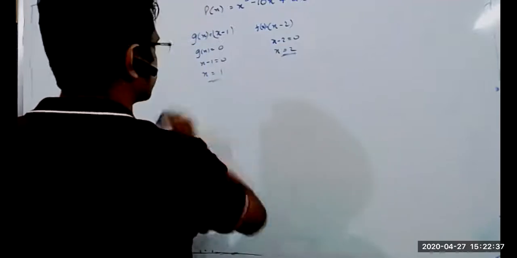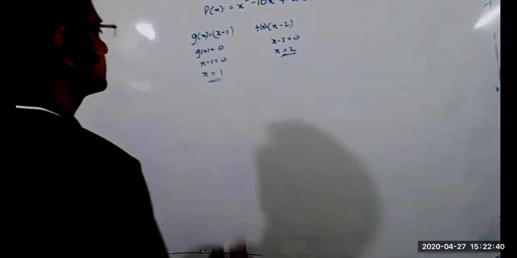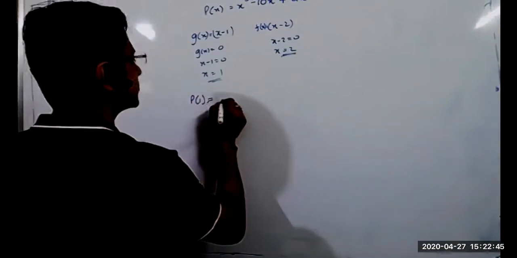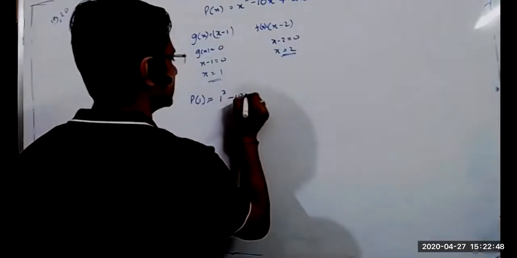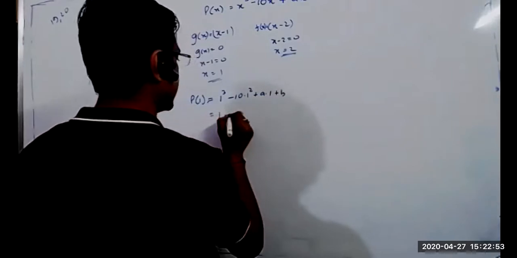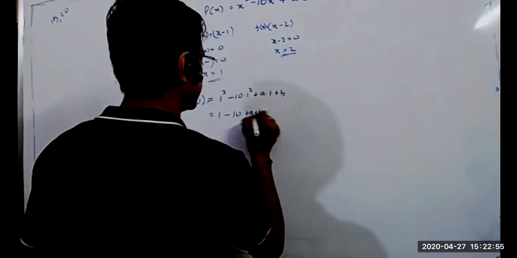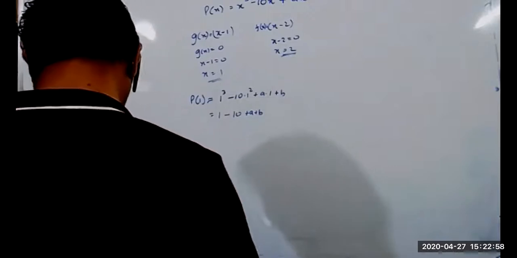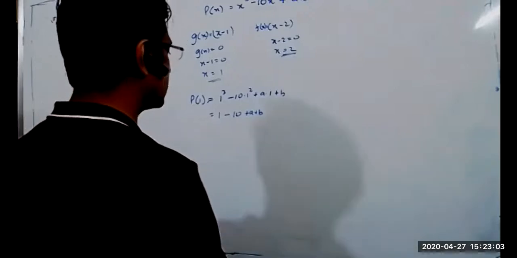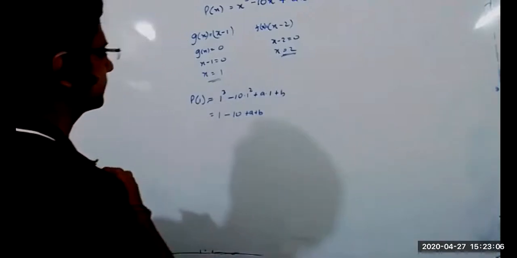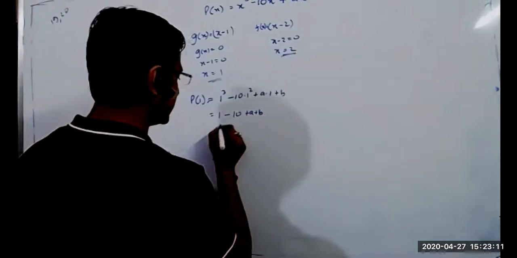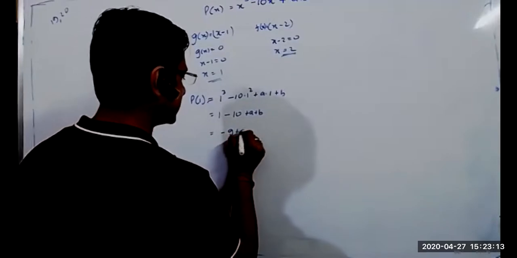First we substitute 1 into p(x). So p(1) is 1 cube minus 10 into 1 square plus a into 1 plus b, so 1 minus 10 plus a plus b, which is minus 9 plus a plus b.